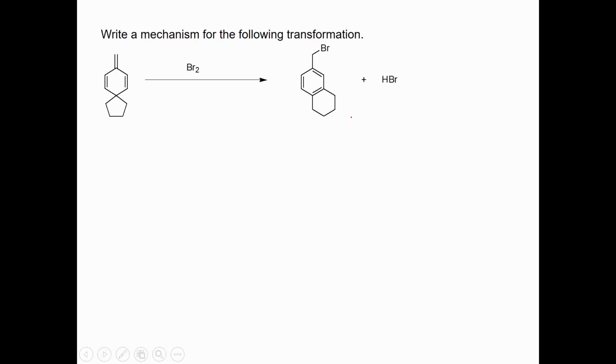Okay, so we know that bromine reacts with alkenes. Okay, all right, so this is a reaction from chapter 6.